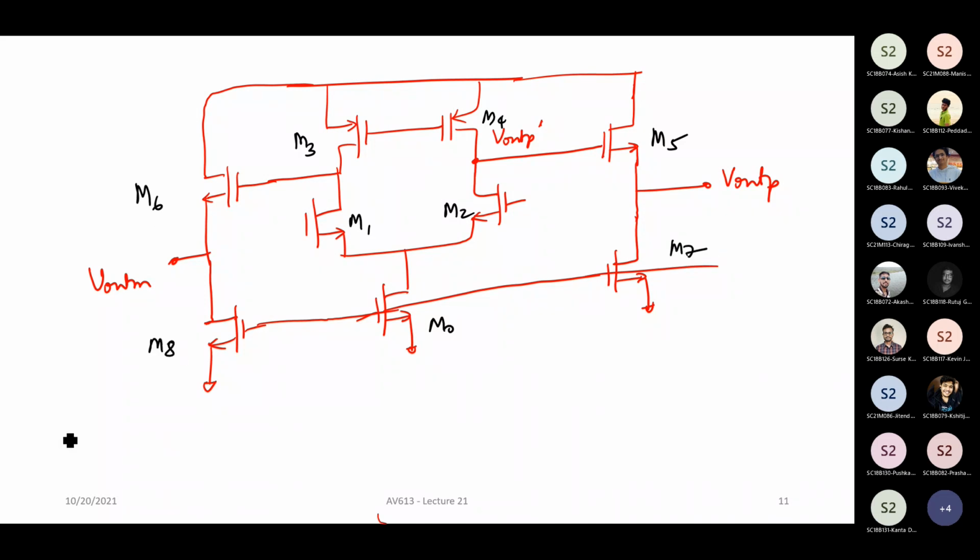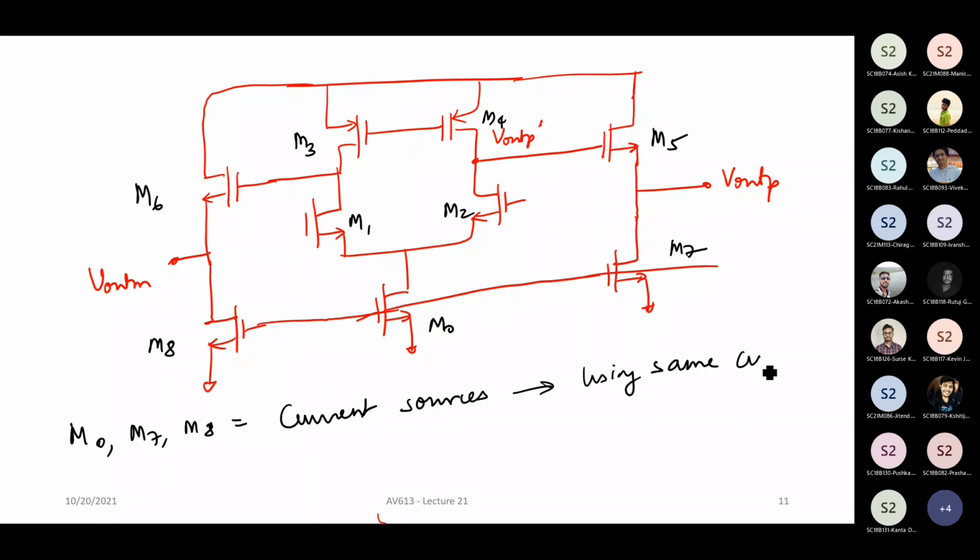Now here M0, M7, M8 are all current sources. So they all can be biased using the same current mirror. Typically you will have some current mirror here.